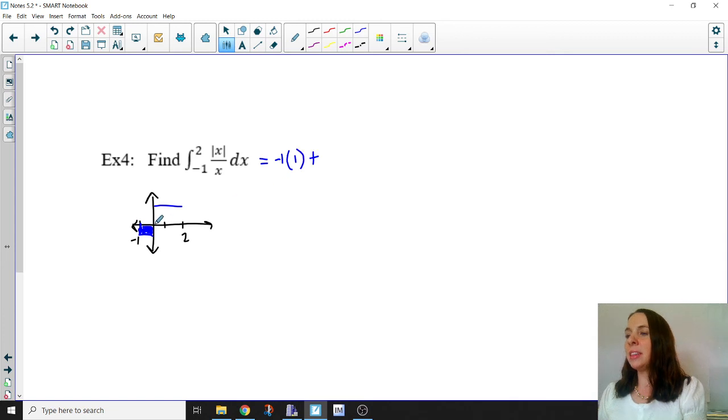We're going to add to that the area of this rectangle above the x-axis from 0 to 2, which has a height of 1 but a width of 2. And so that gives us a net area of 1.